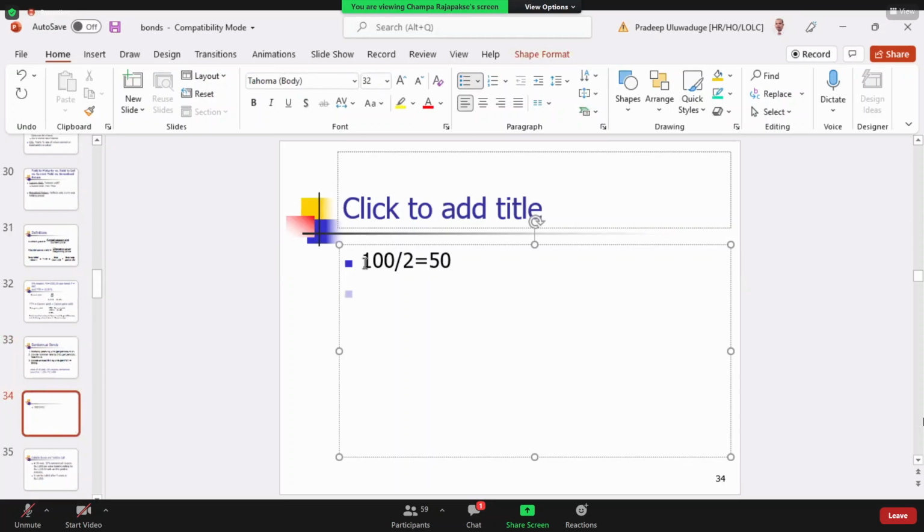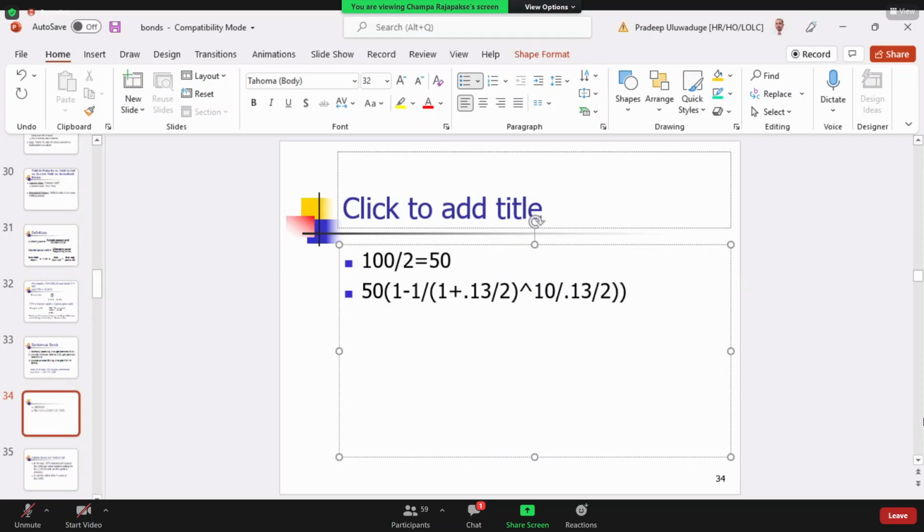So for the annuity, you get 50 times, it's a present value calculation, 1 minus 1 over 1 plus R, where R is 13%, which has to be divided by 2, to the power 10, divided by, again, R is 13%, which has to be divided by 2.